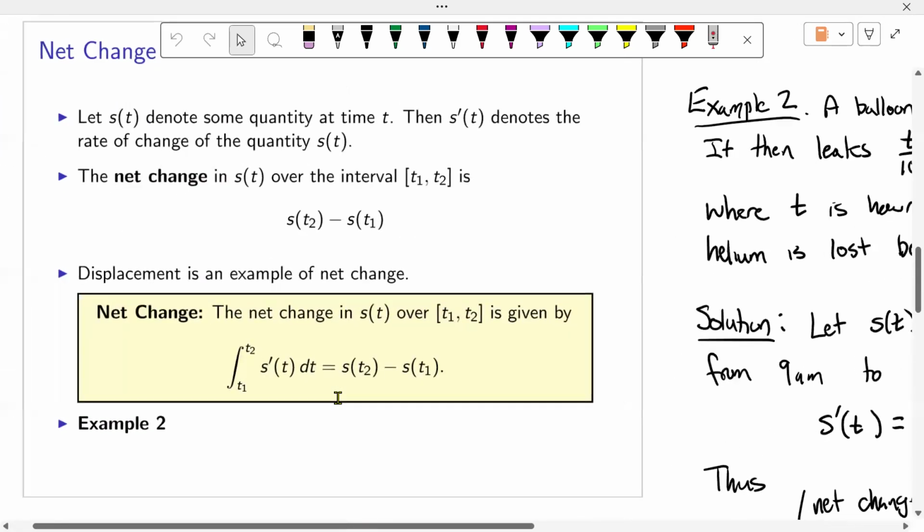This idea of displacement can be generalized to other settings. It's called net change, and it tells you how much a quantity has changed from one time period to another. The formula for net change is basically the same as what we had for displacement. You just integrate the derivative of the quantity that you want to find the net change of.